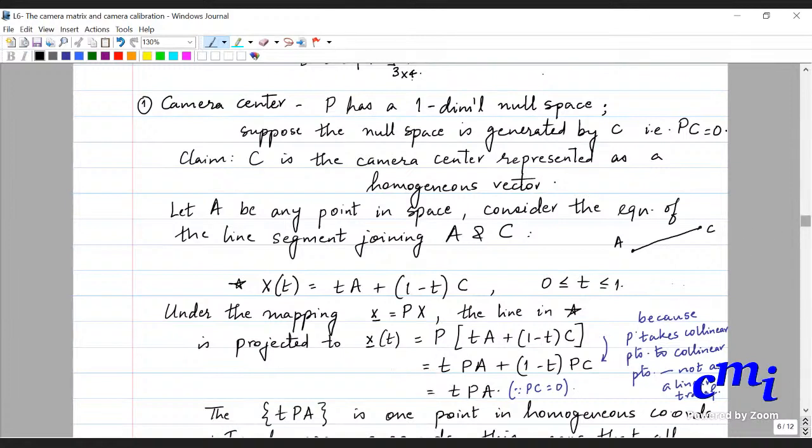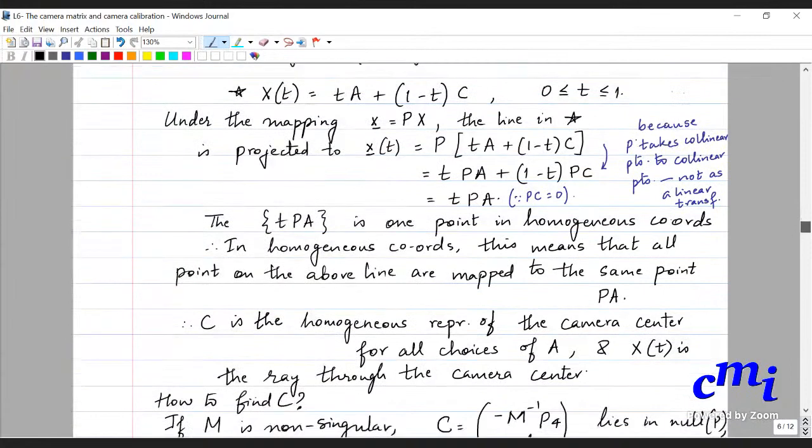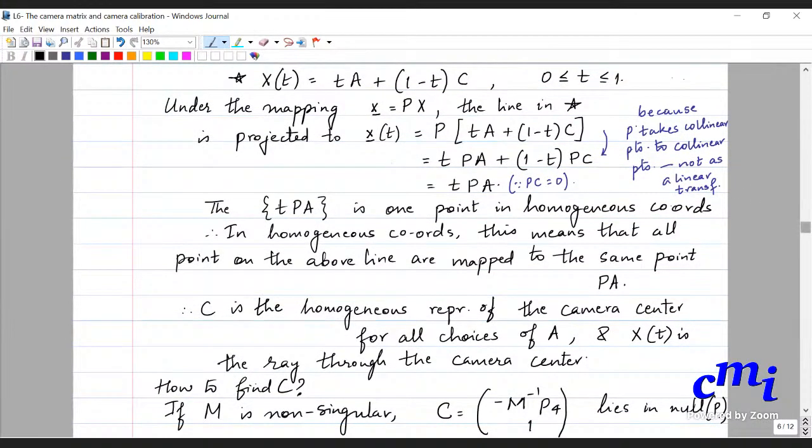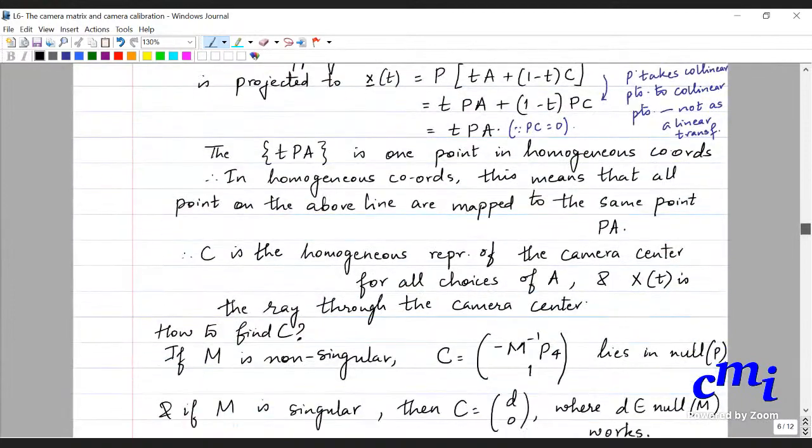So what this means is that x_t, small x_t, is t times Pa for all t. This set of all points t Pa is just one point, because these are scalar multiples of the point Pa. So this is just one point in homogeneous coordinates. All points on this ray, or on this segment, are mapped to the same point.